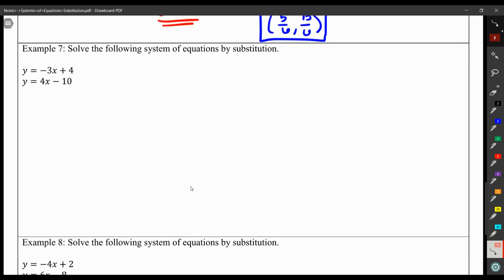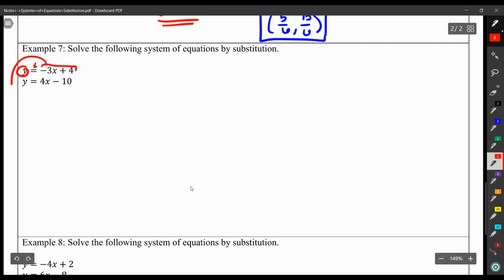Let's look at example 7. So for example 7, I have two variables isolated. I've got y equaling negative 3x plus 4, and I have y equaling 4x minus 10. So even though both y's are isolated, we're still going to follow the same process. This y is alone, and y is equal to negative 3x plus 4.